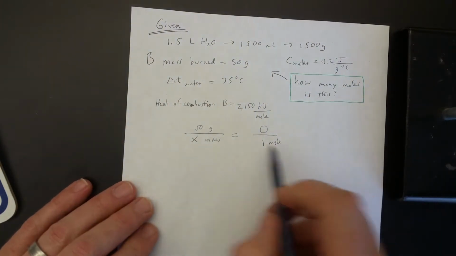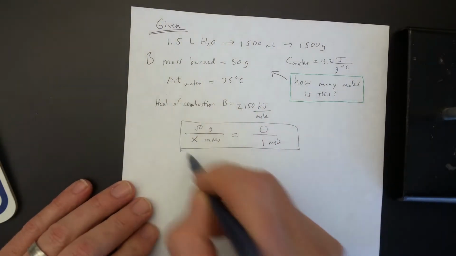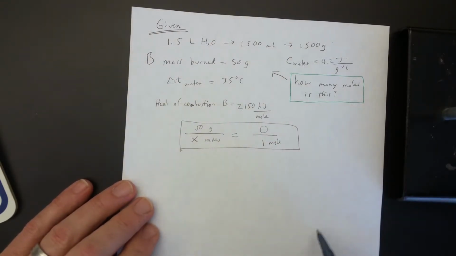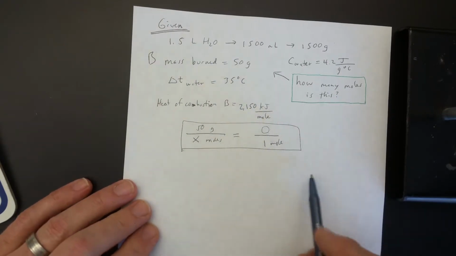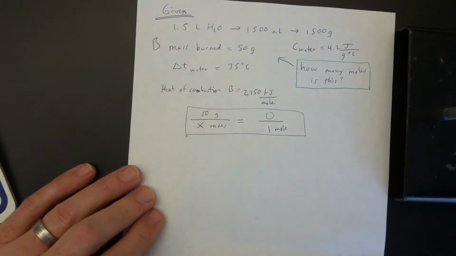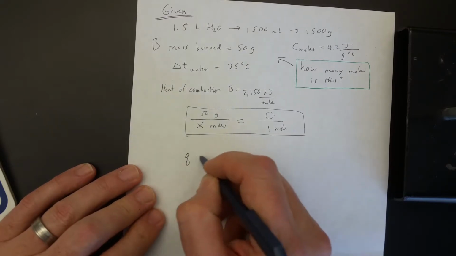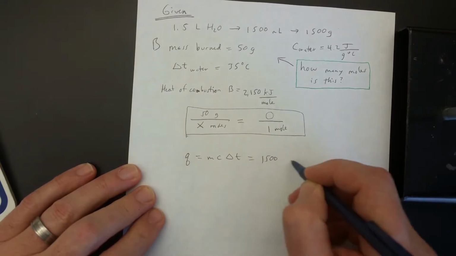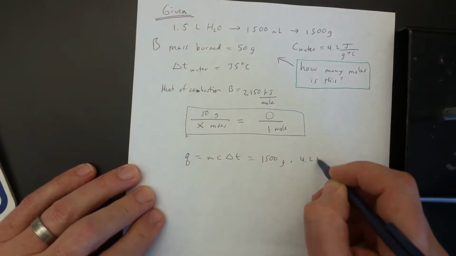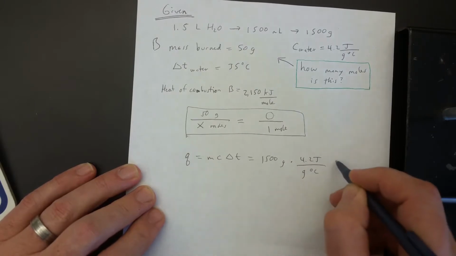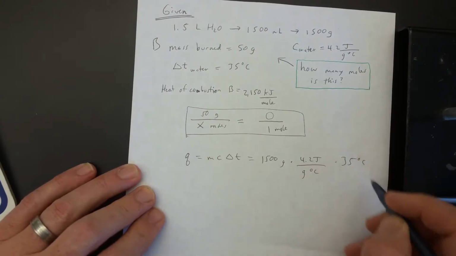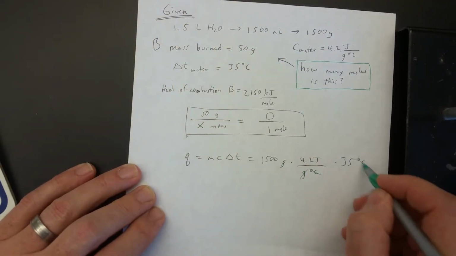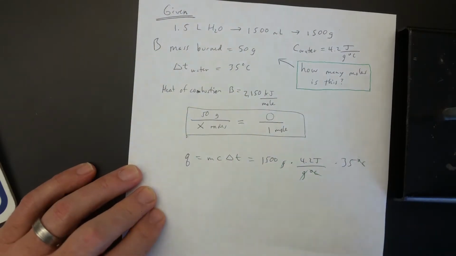Okay, so this is the equation you want to start with, and say, those are the pieces I need, so I need to get how many moles that was. So let's go through our energy piece here, and we'll start with calculating Q is mc delta T, so that's 1,500 grams times 4.2 joules per gram degree C times 35 degrees C. Remember, we can cancel out our units here, grams and grams, degrees C. So we're left with joules, which is what we want.